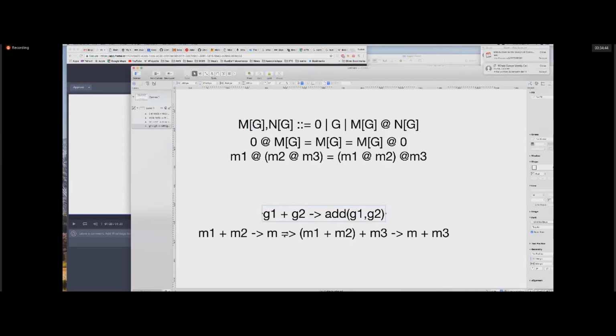Typically, instead of writing the double arrow, he would write it like this, and you've seen me do this before. So we get rid of this.